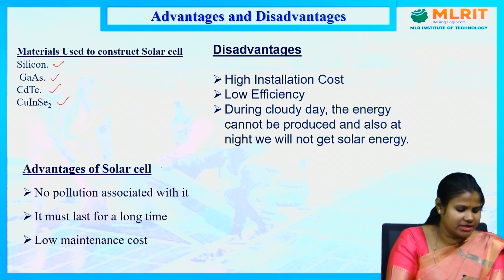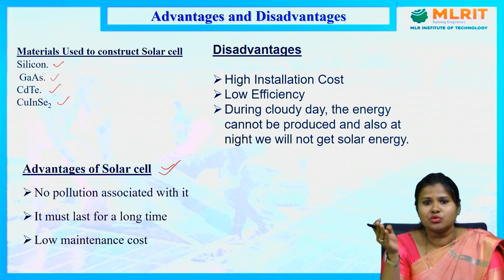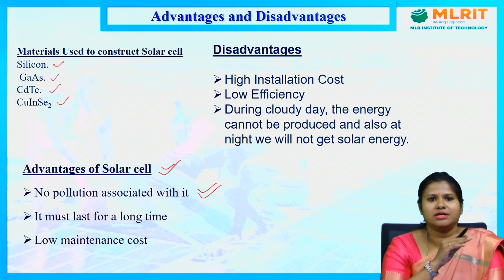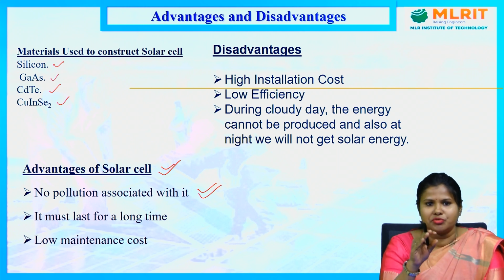Now we will see what are the advantages. Mostly, as the solar cell is operated by the solar power which we are getting from the sun, the pollution associated with it is minimal. That means there is no pollution due to the solar cell.